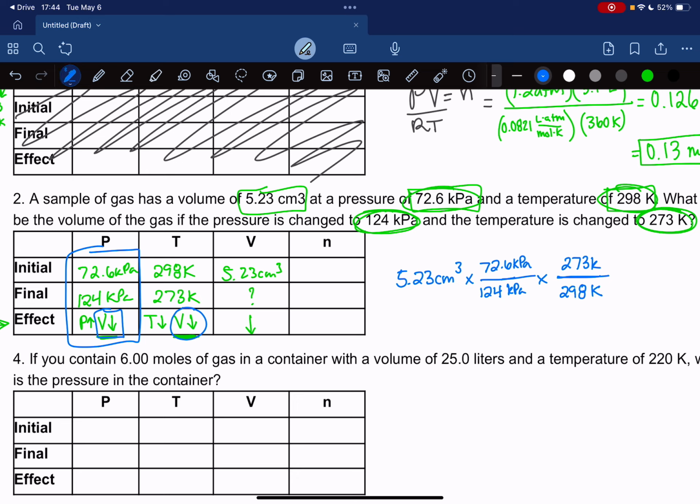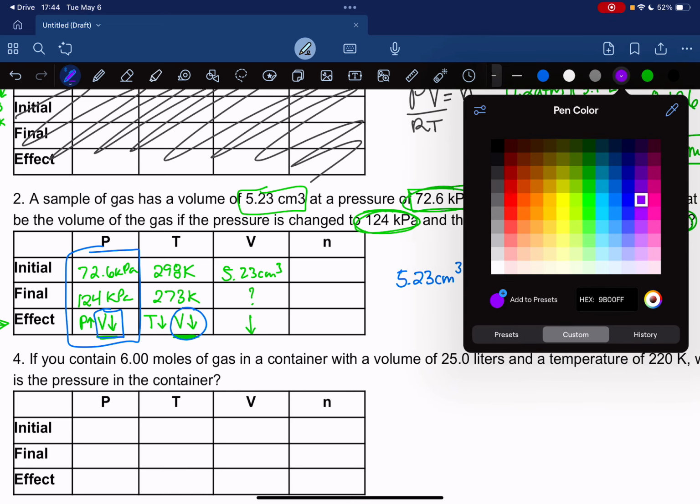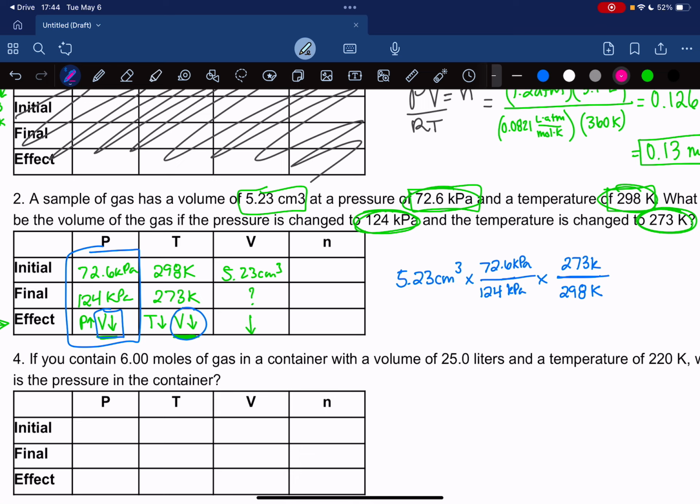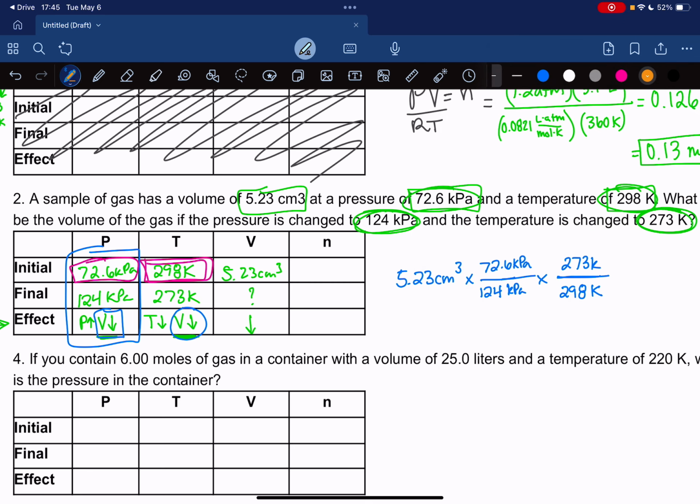Now what I want to point out here is that, hold on. My initial, I'm going to do in pink real quick. And my final, let's do in orange. What I want to point out to you is that in the first ratio, notice that my initial is on top of my final.